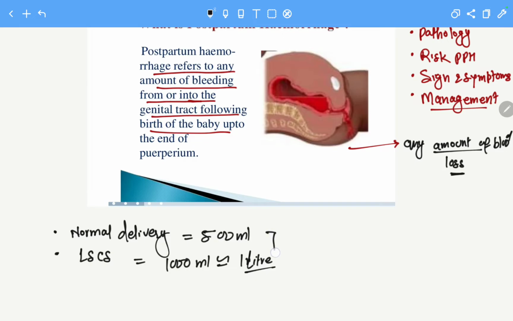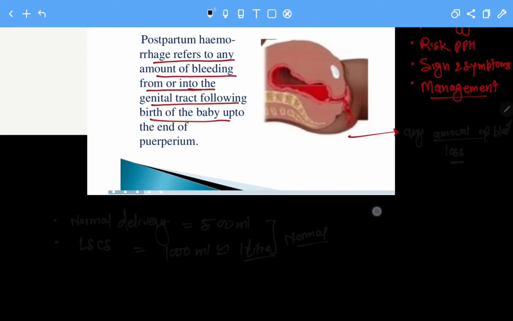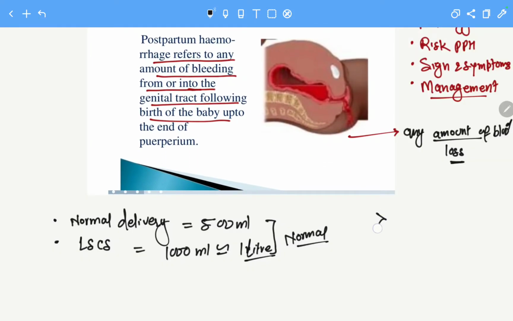This is the normal blood loss in normal delivery and LSCS. So what is PPH? If the blood loss is more than 500 ml in case of normal delivery, and more than 1 liter in case of LSCS, this is known as postpartum hemorrhage, right?